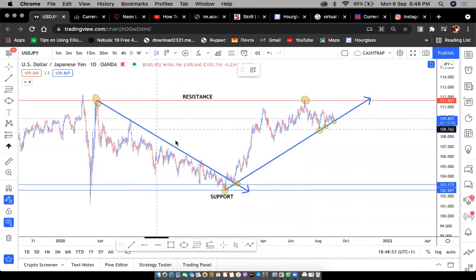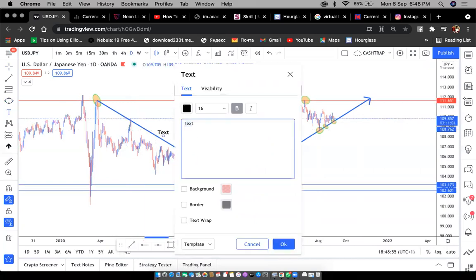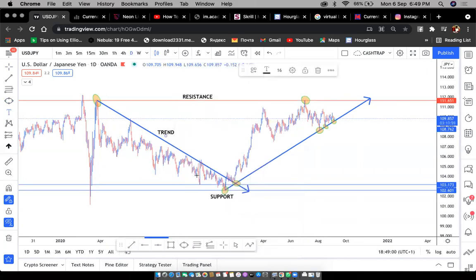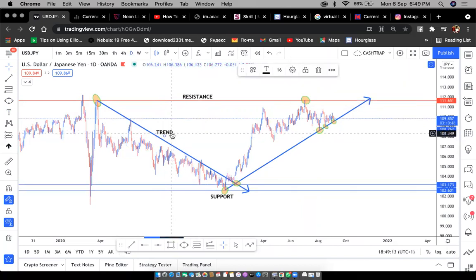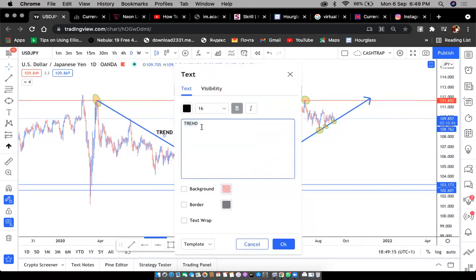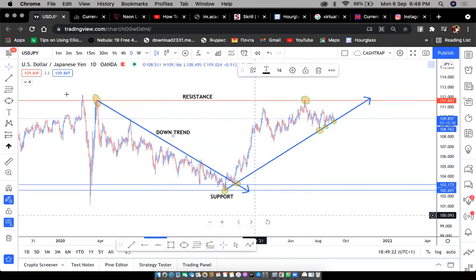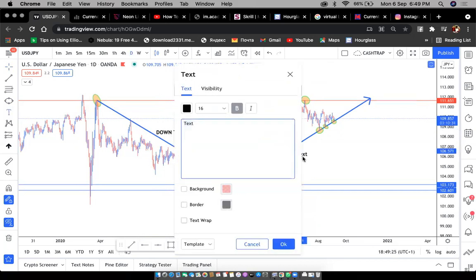This is the downtrend. And this is an uptrend.